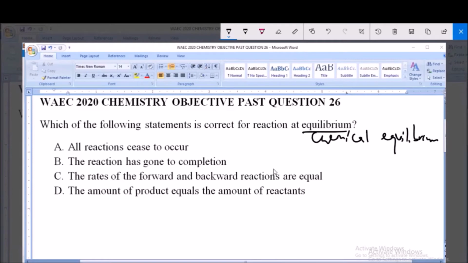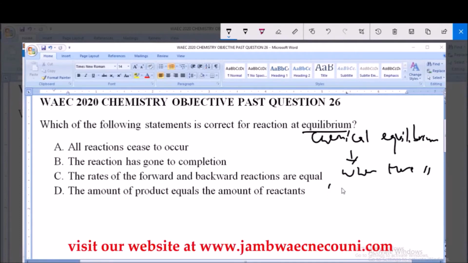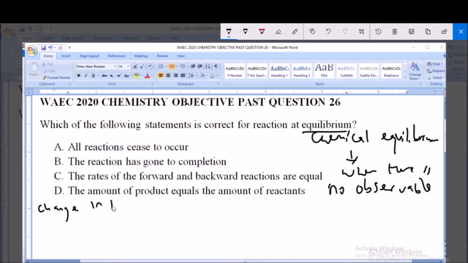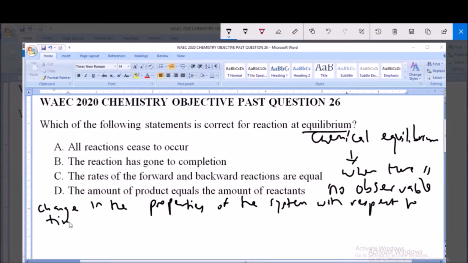And a chemical equilibrium, a reaction, is said to be at equilibrium when there is no observable change in the properties of the system with respect to time.